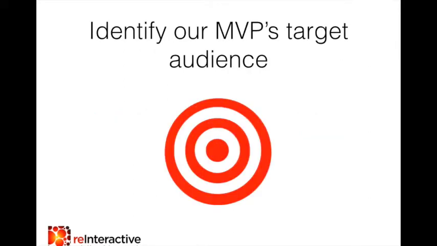All right. So the first thing that we can do to help us to cut down on the size and scope of our MVP is to identify our MVP's target audience.